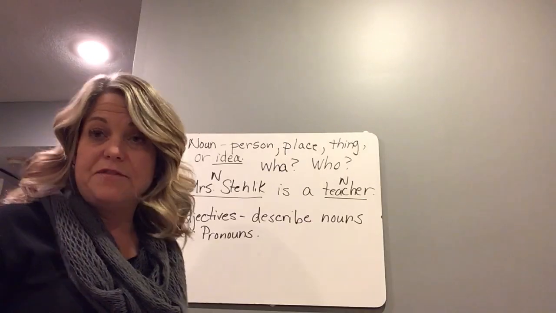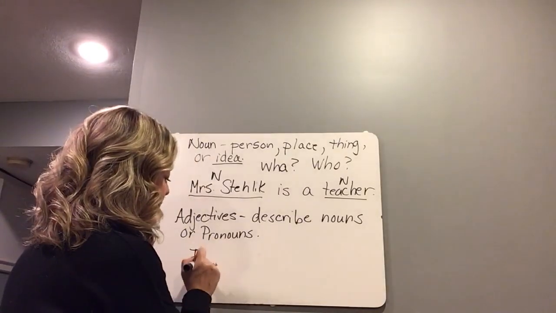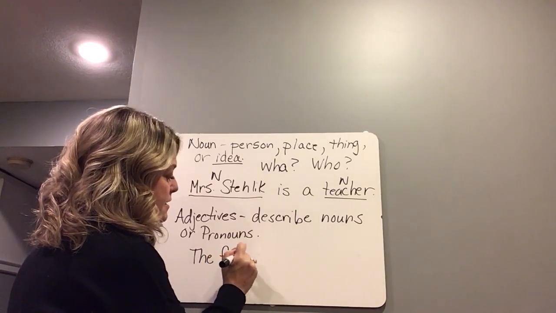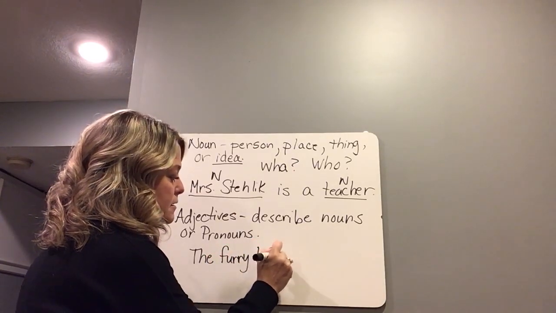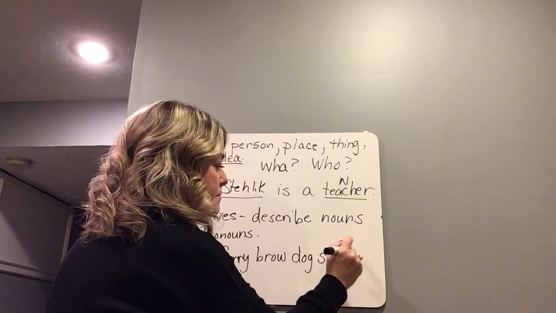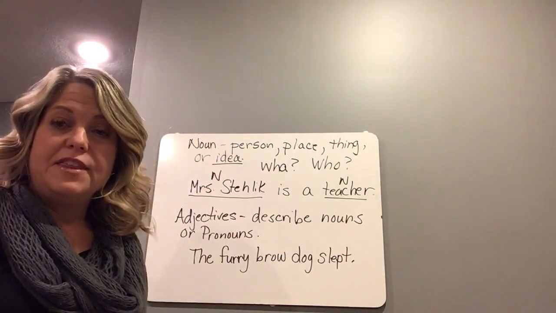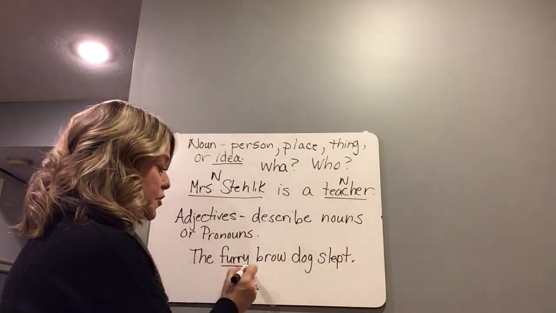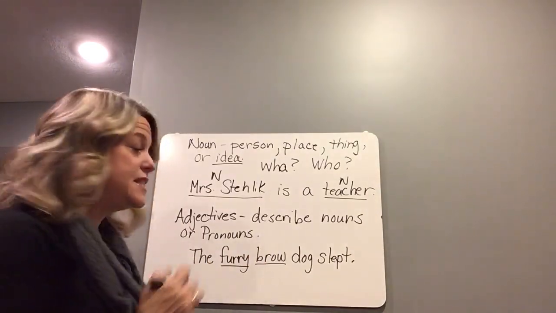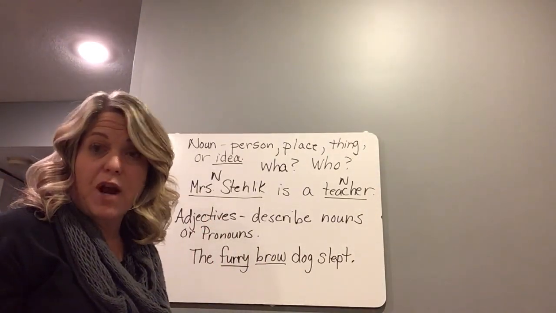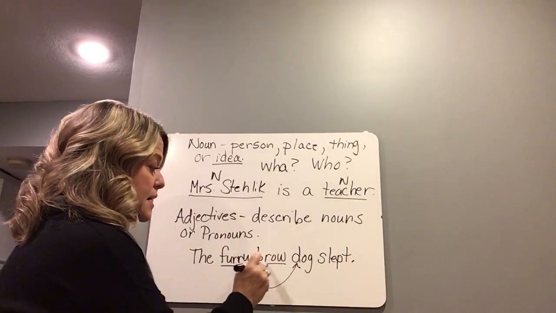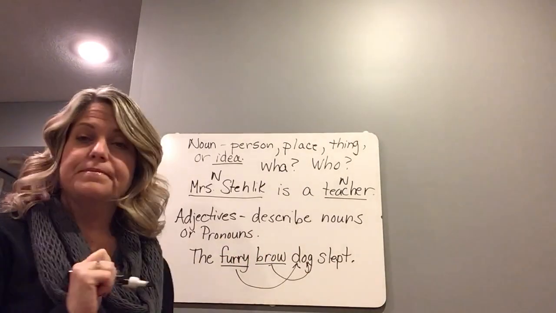So for instance, if you had a sentence, the furry brown dog slept. Okay? The words furry and brown are adjectives that modify or describe the noun dog. So both of these modify dog.